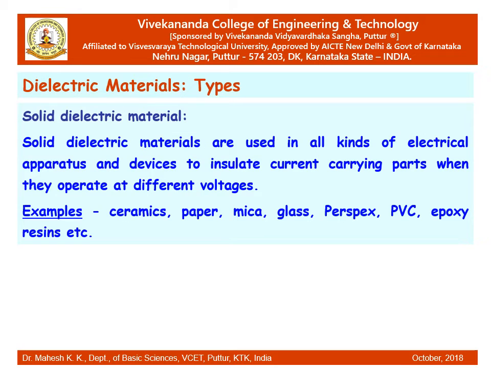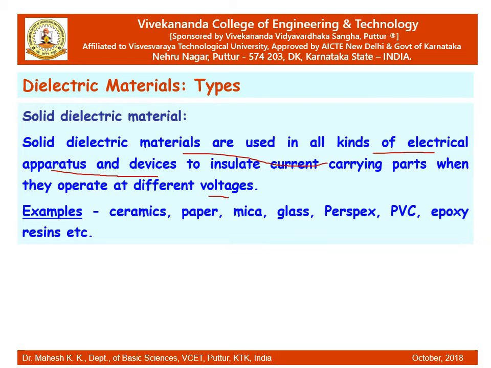Solid dielectric materials are used in all kinds of electrical apparatus and devices to insulate current carrying parts when they operate at different voltages. A good dielectric should have low dielectric loss, high mechanical strength, should be free from gaseous inclusions and moisture, and be resistant to thermal and chemical deterioration.